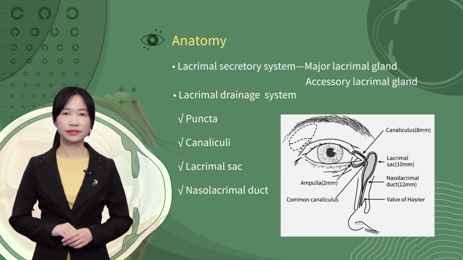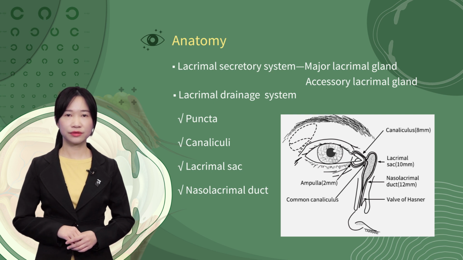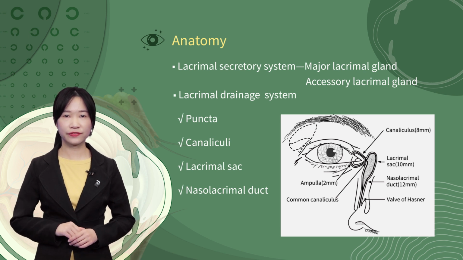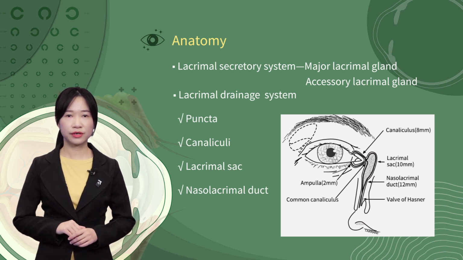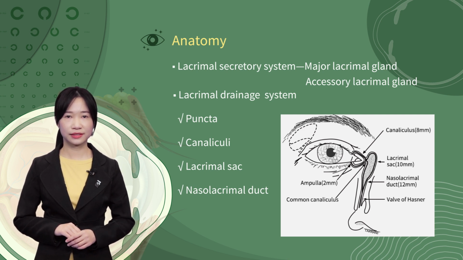There are 4 parts in the lacrimal drainage system. The puncta are the openings of the canaliculi. We can identify them in the upper and lower eyelid near the inner canthus. The canaliculi pass vertically from the lid margin for about 2 mm and then run horizontally for about 8 mm to reach the lacrimal sac.